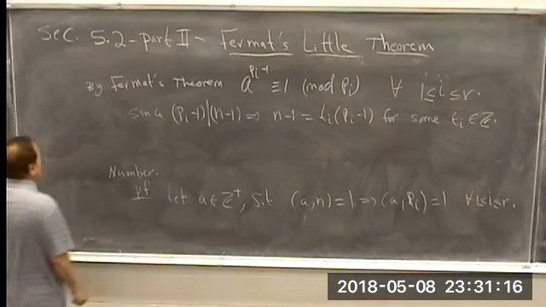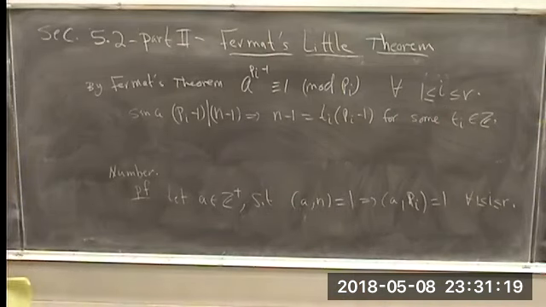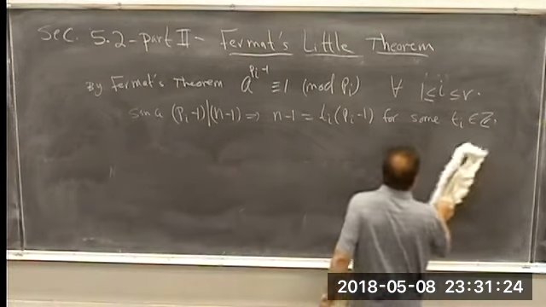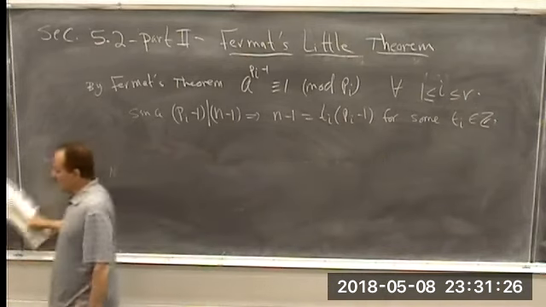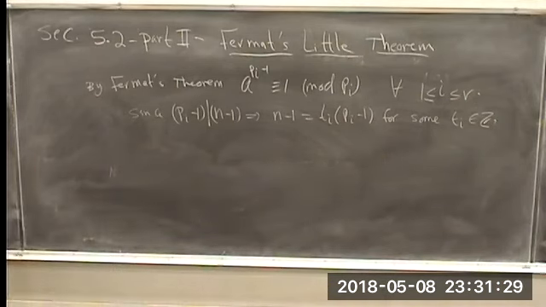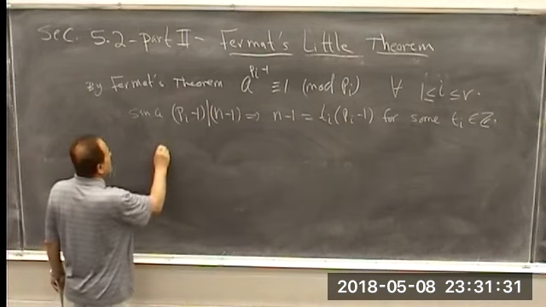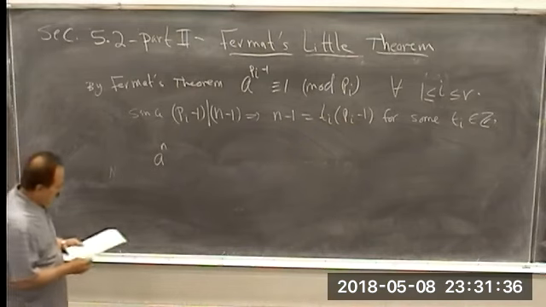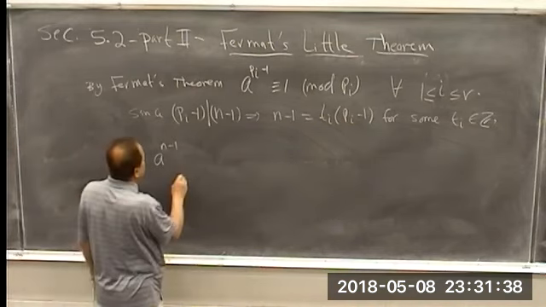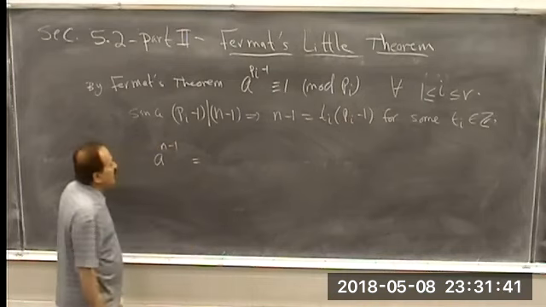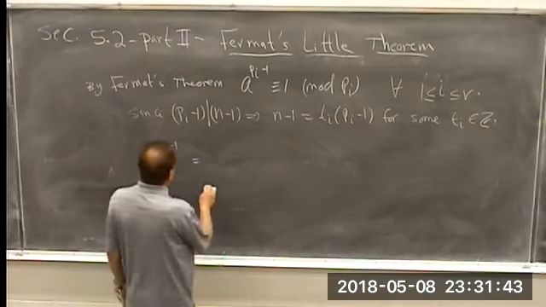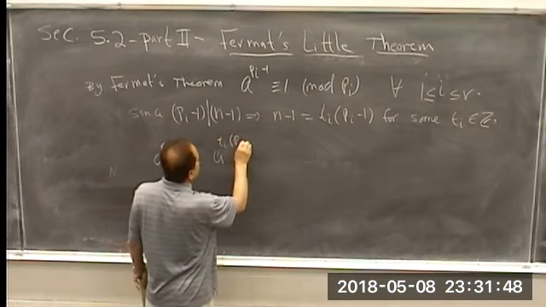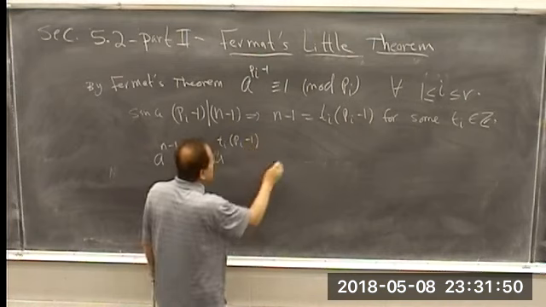All right, well, we know that N is composite. All I have to do is to show that A to the N minus 1 satisfies Fermat's condition. So this is equal to A to the Ti times Pi minus 1, and this is true for every i.